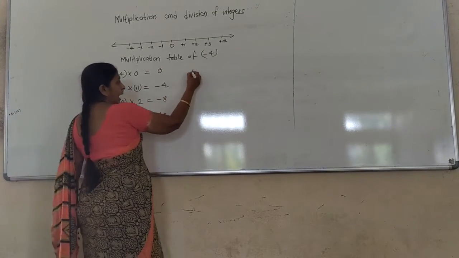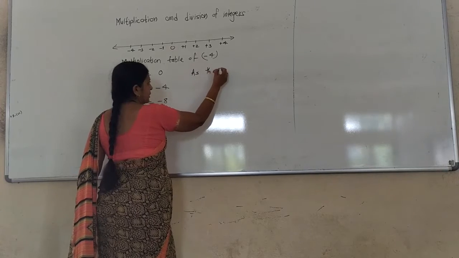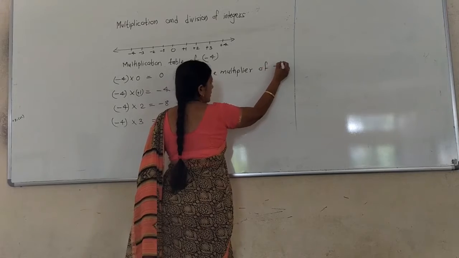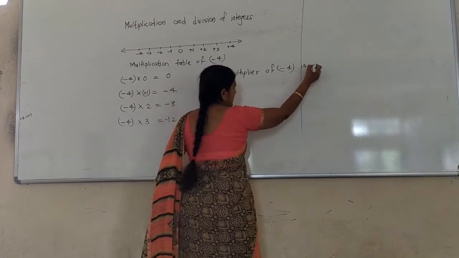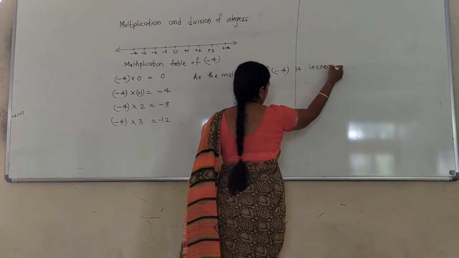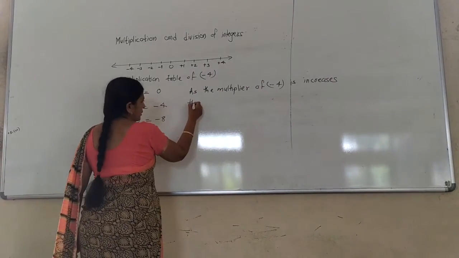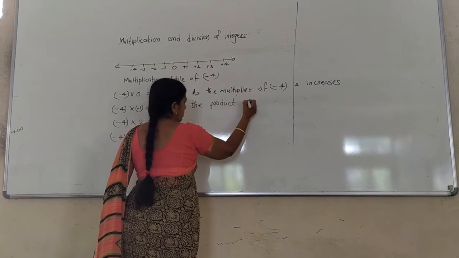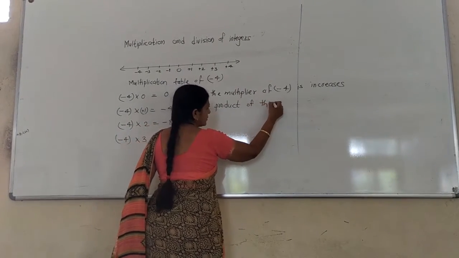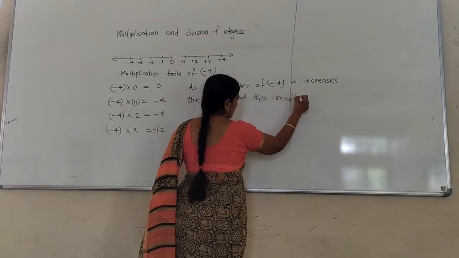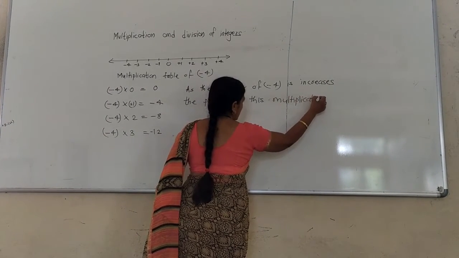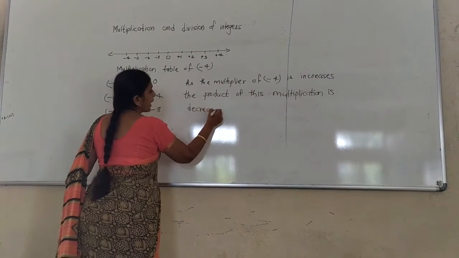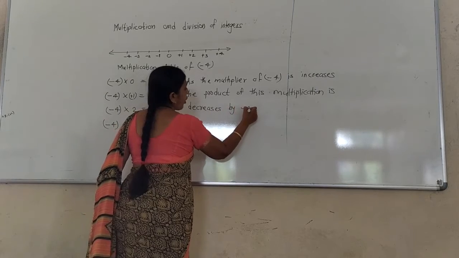It means as the multiplier of minus 4 increases, the product of this multiplication decreases by unit of 4.